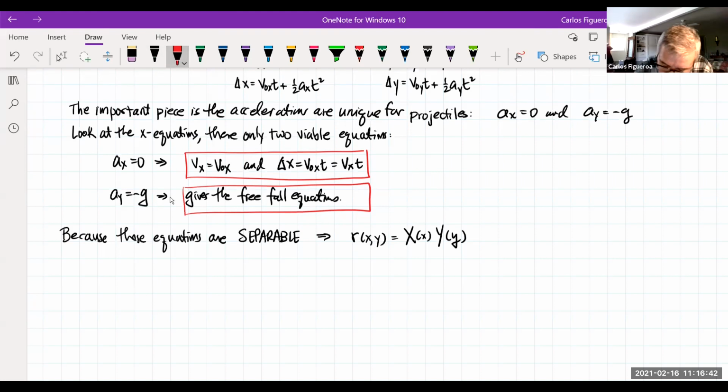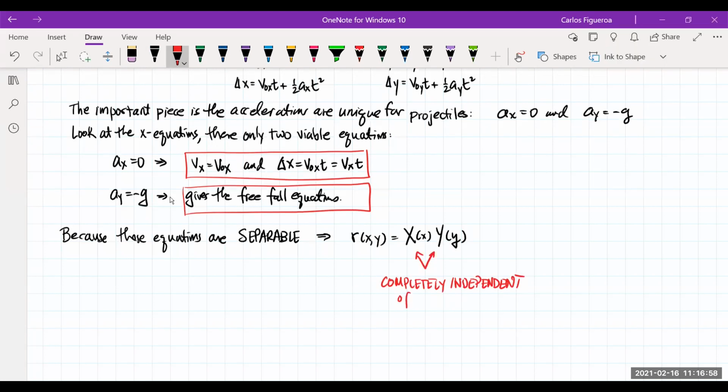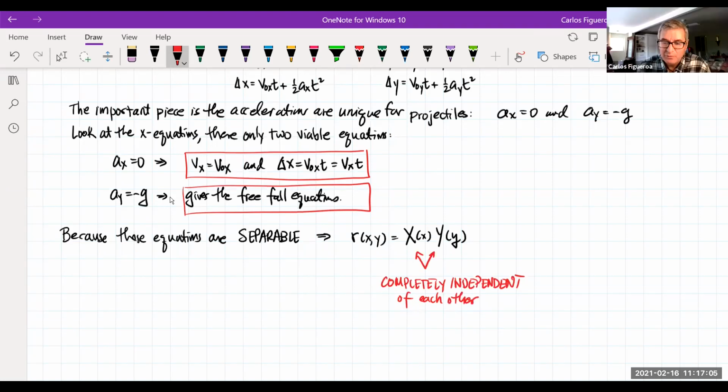What this tells us is that these two are completely independent of each other. Mathematically, we can isolate x and only focus on x in one dimension, and isolate y and only focus on y.